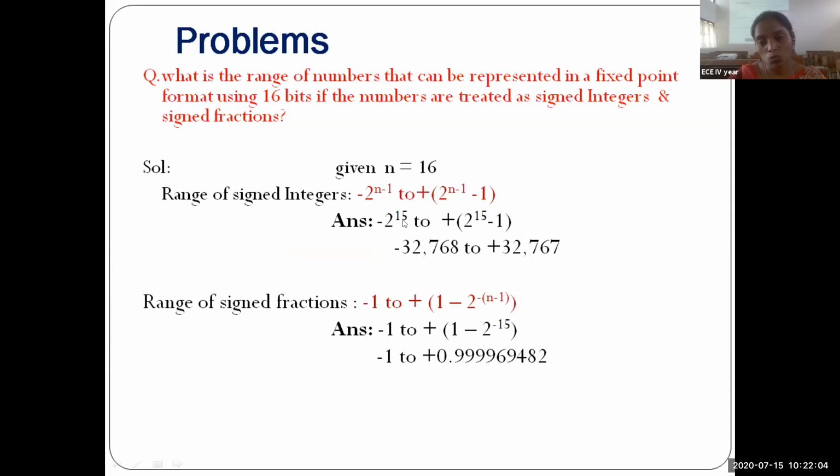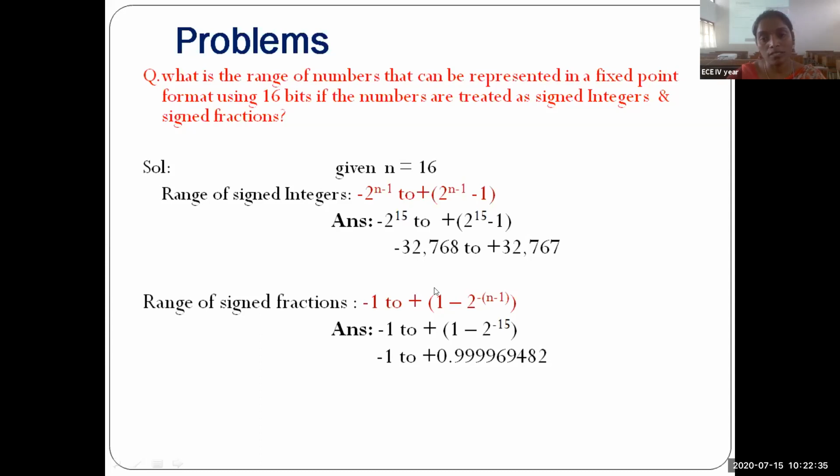It becomes minus 2 power 15 to plus 2 power 15 minus 1. 2 power 15 is 32,768, minus 1 becomes 32,767. Since this is signed, you get negative as well as positive numbers, so the range is minus 32,768 to plus 32,767. This is the range of signed integers.